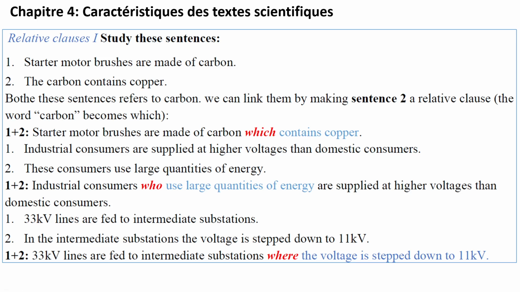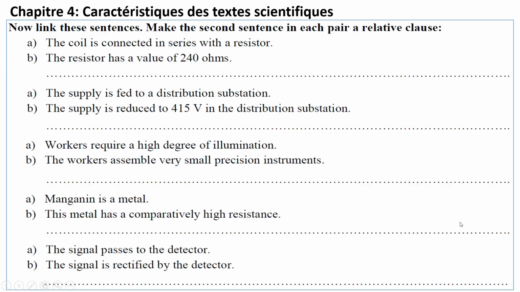So we remove these words, intermediate substations, and we replace it with the word where. So we find: 33 kilovolt lines are fed to intermediate substations where the voltage is stepped down to 11 kilovolt. Here are some examples.